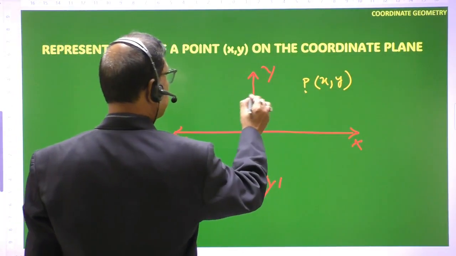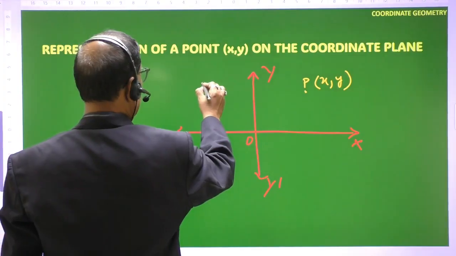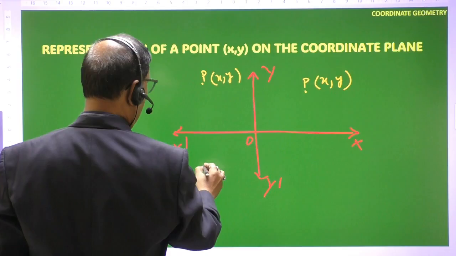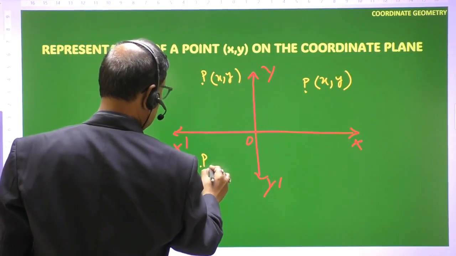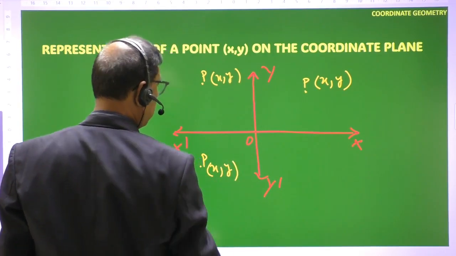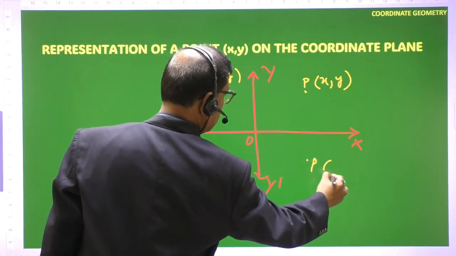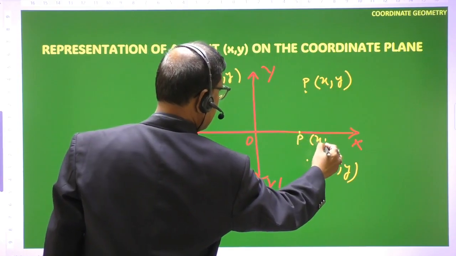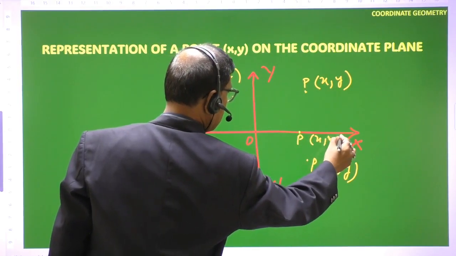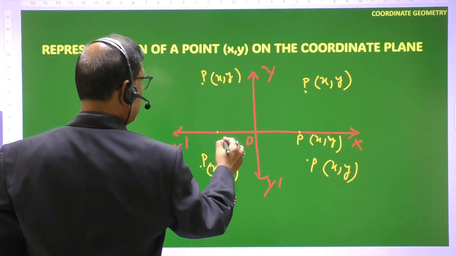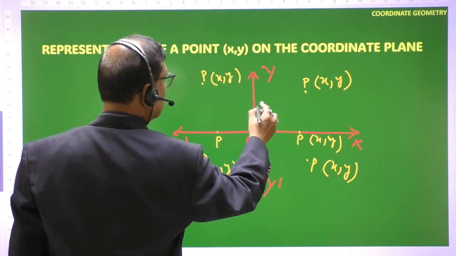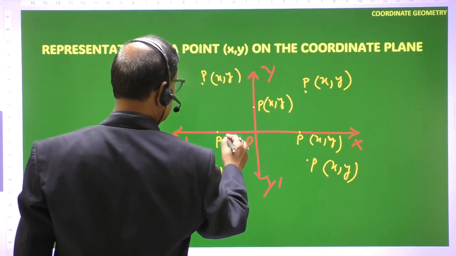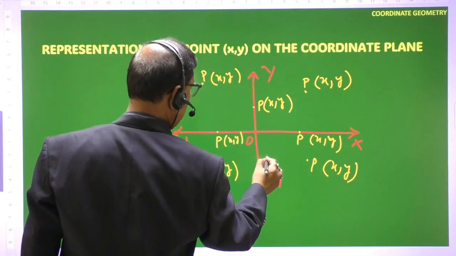The point P can be here, or here also, or point P may be in any of these positions.